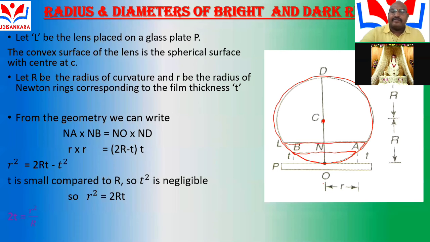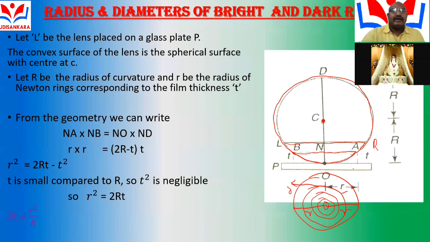And r is the radius of the ring. For example, these are Newton rings forming. From the center spot to here is the r value, so this is R plus r. Capital R is the radius of curvature of the plano convex lens.